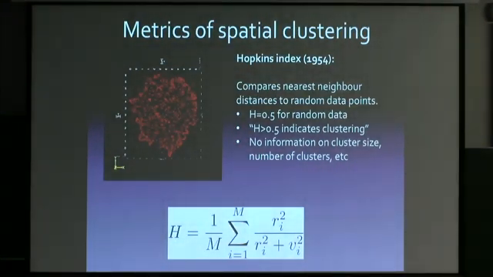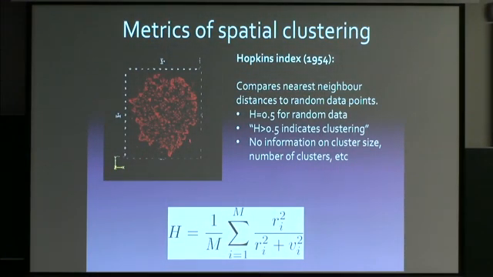So what are we going to do with these STORM images? Well, we're going to try to come up with some ways of comparing them. This is my image of IgM labeled on a follicular B cell. The oldest of the spatial clustering techniques is called the Hopkins index. Basically what you do is compare the nearest neighbor distances of these dots, this image is made up of dots, of localizations, to random data.